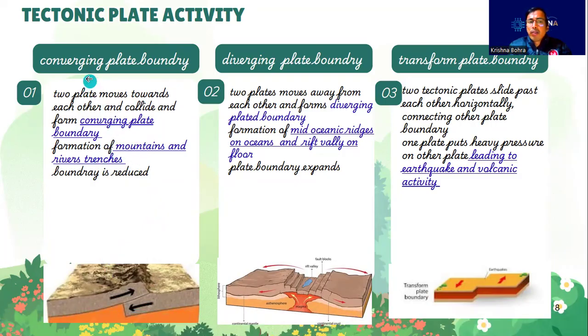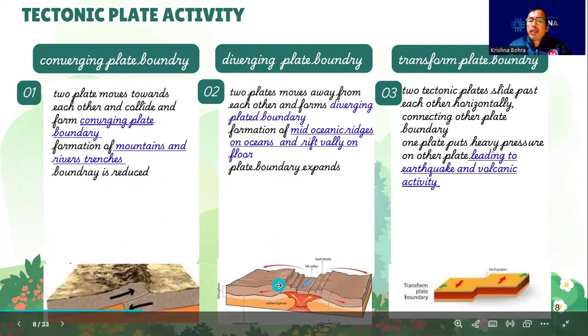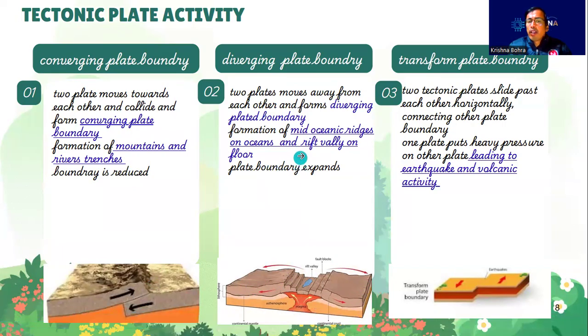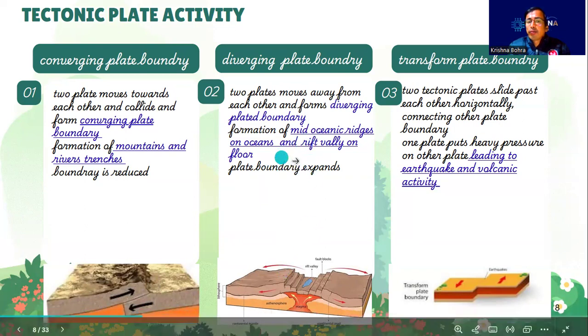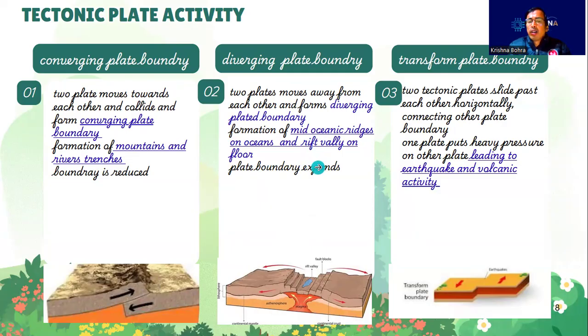So this type of boundary, a converging plate boundary, leads to the formation of mountains and trenches. The second type is the diverging plate boundary, when the two plates are moving far apart from each other. Some of the major physical features you can observe from this activity are mid-oceanic ridges and rift valleys.